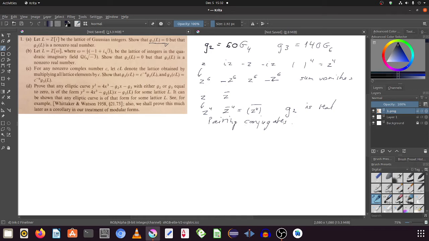Now, the only missing point is that it's non-zero. I think it has to be non-zero for the expansion to make sense.